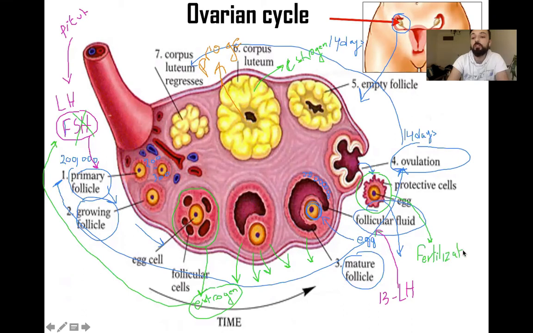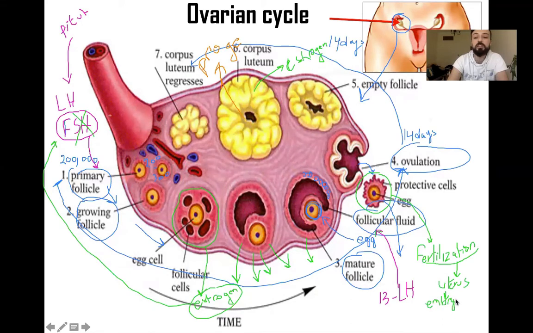You should know that if this egg gets fertilized, after fertilization it will be heading towards the uterus. As it reaches the uterus, this fertilized egg will start developing into an embryo.